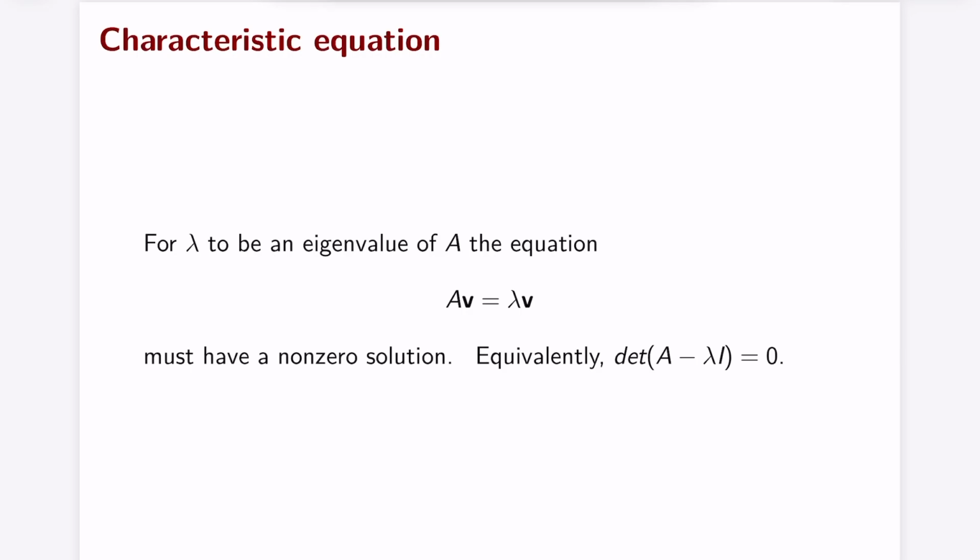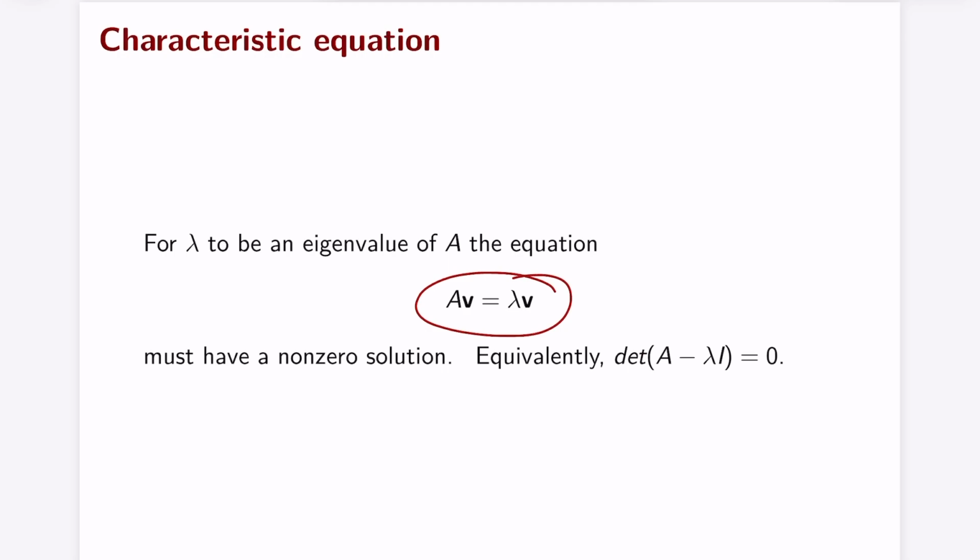So we have here the equation A times V equal a multiple of V. If this equation has a solution that is non-zero, then that means that the vector V, that non-zero solution, is an eigenvector.